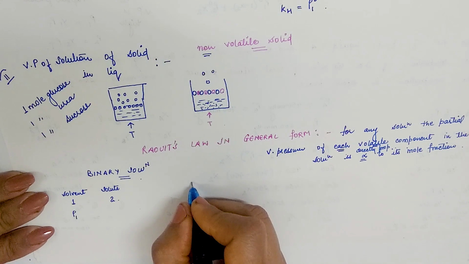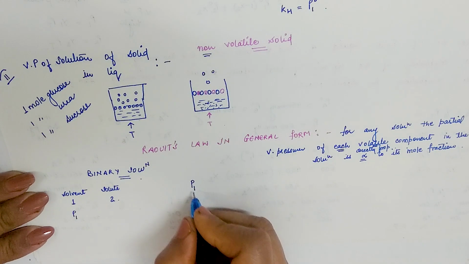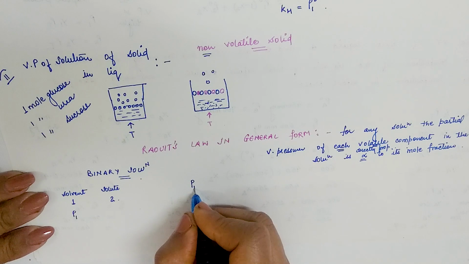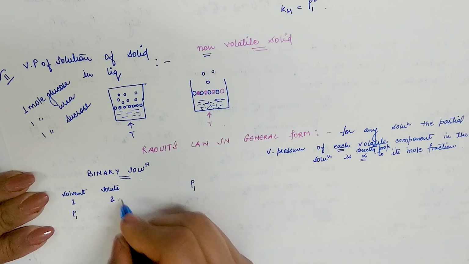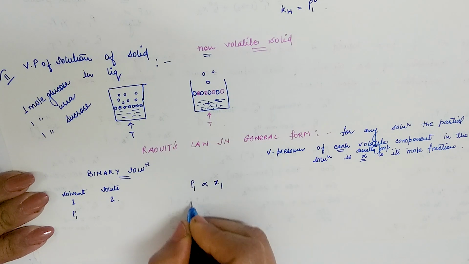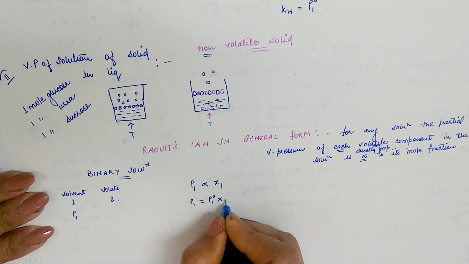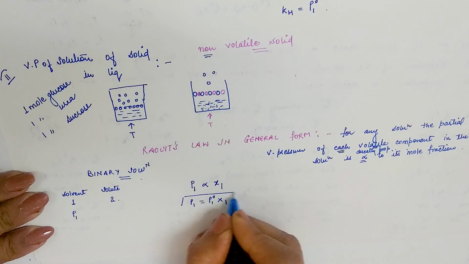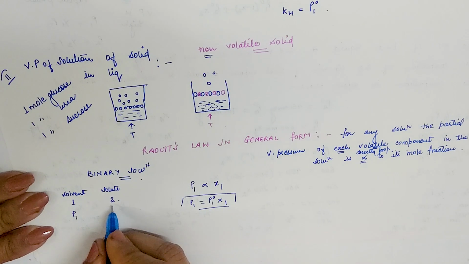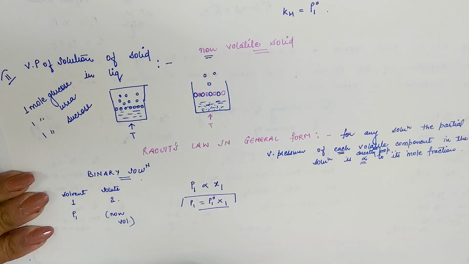So in the solution, only P1 is formed, because it is volatile in nature. So P1 is proportional to X1, or P1 is equal to P1 not X1. I am not writing for P2. Why? Because it is non-volatile in nature.